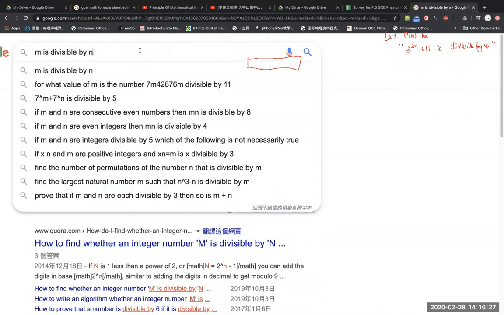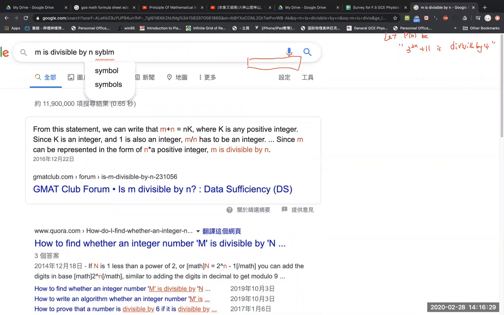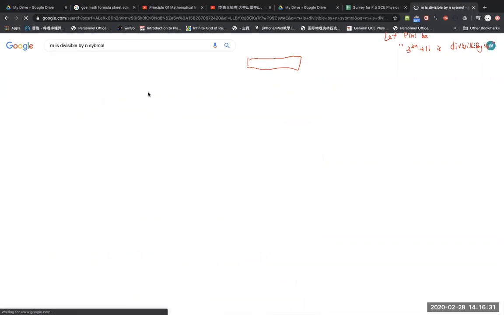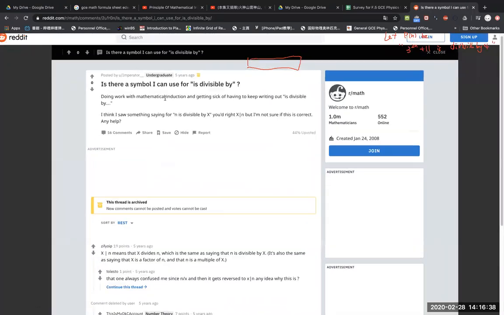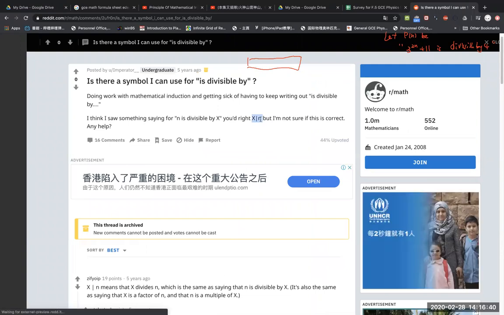When a number is divisible by x, we use this symbol.